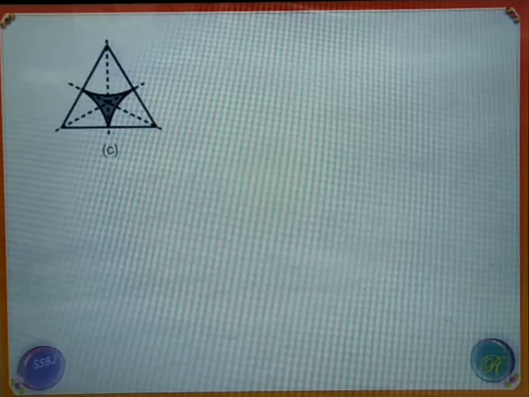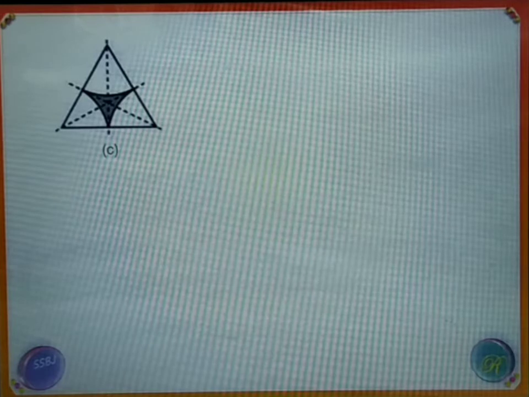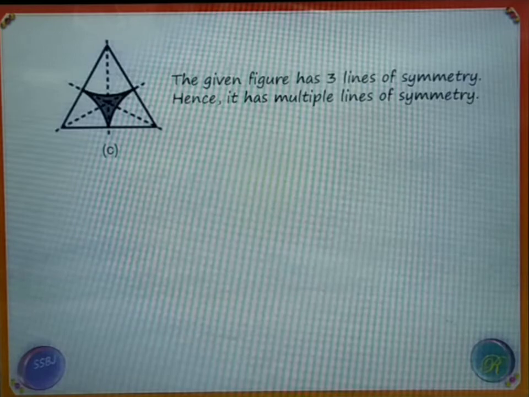Figure C. How many lines of symmetry can you find? 3. So, the given figure has 3 lines of symmetry, hence it has multiple lines of symmetry.